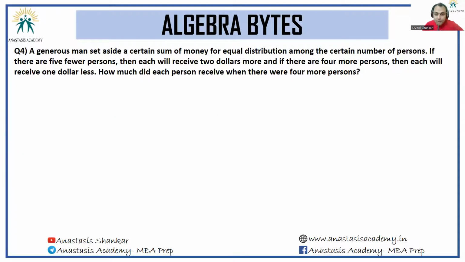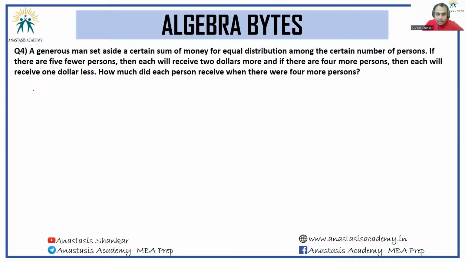Next question. A generous man set aside a certain sum of money for equal distribution among a certain number of persons. If there are 5 fewer persons, then each will receive $2 more. And if there are 4 more persons, each will receive $1 less. How much did each person receive when there were 4 more persons? Okay.